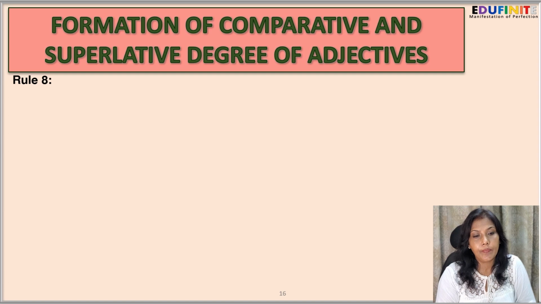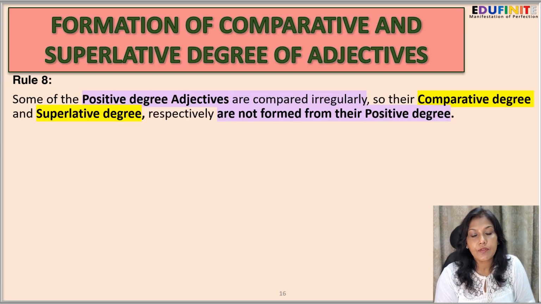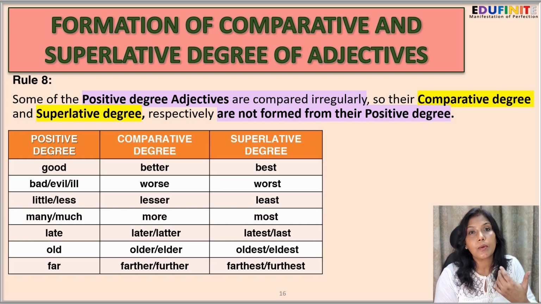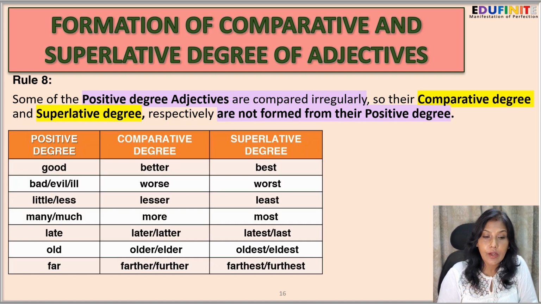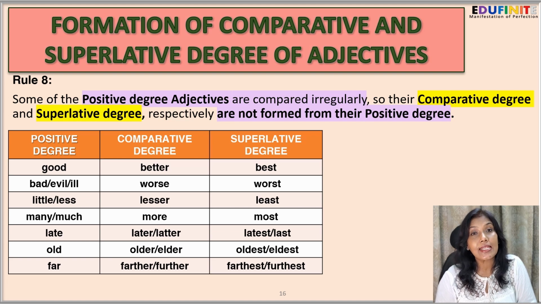Rule 8. Some of the positive degree adjectives are compared irregularly, so their comparative degree and superlative degree respectively are not formed from their positive degree. So let's look into some of the examples to understand it better. Now, the positive degree is good. Its comparative degree is better and its superlative degree is best.